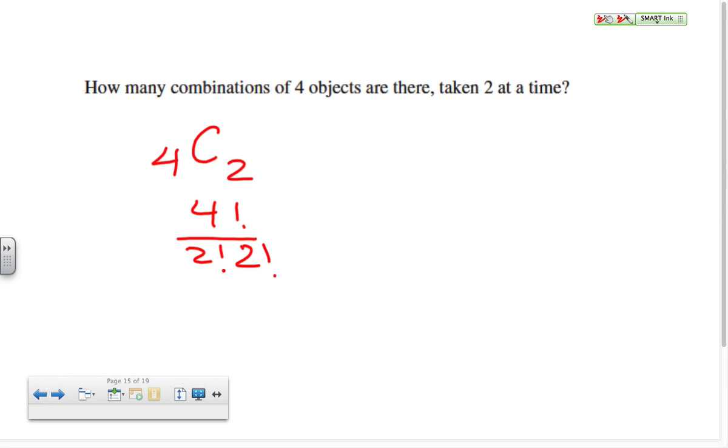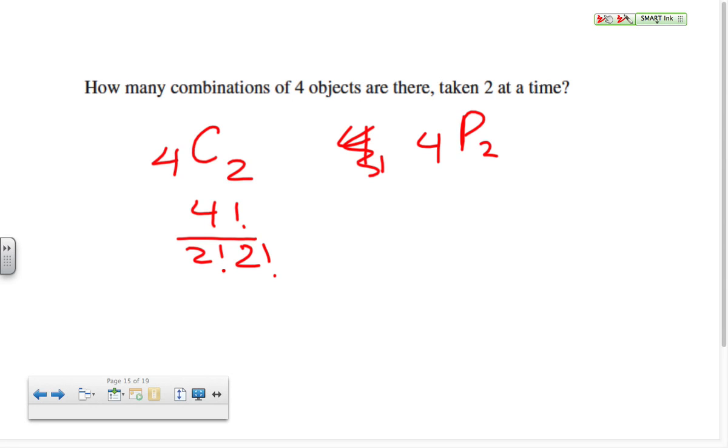This is the combination. In permutation, 1 and 2 is different than 2 and 1. That's why there are more possibilities in permutations. So the combination is less. Yes. So this is less than this. The combination is 6 and the permutation is 12.